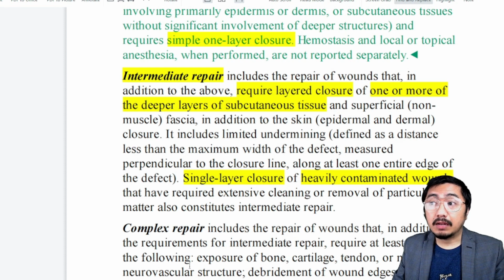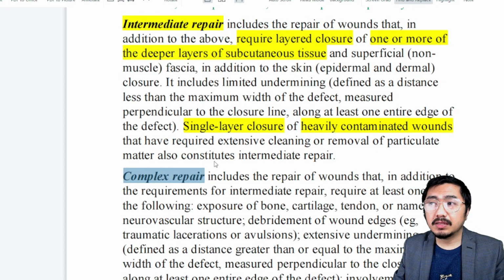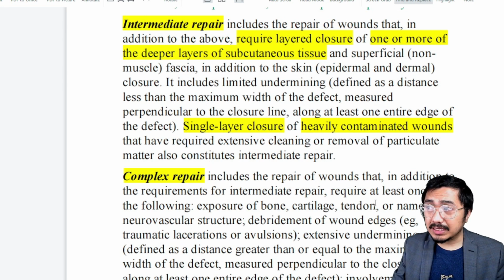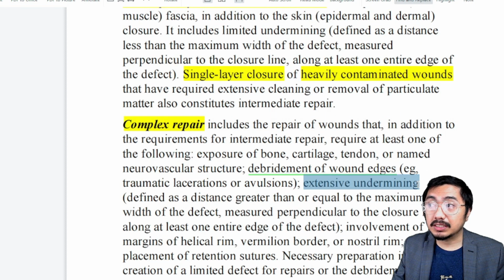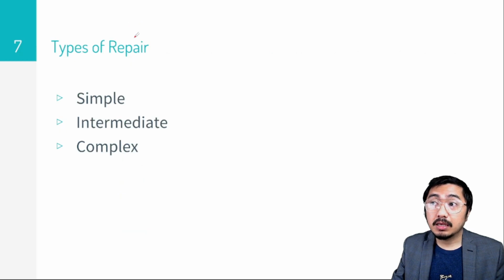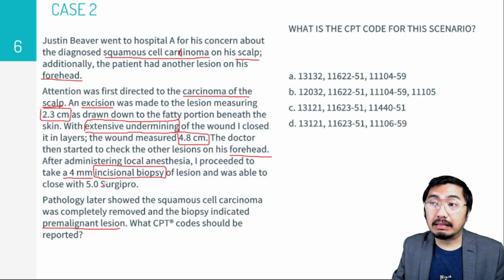For complex repair, either it will be mentioned that a complex repair is done by the doctor, or you can see it in the following terms: exposure of bone, cartilage, tendon, or named neurovascular structure, and debridement of wound edges. Most importantly, extensive undermining. The reason I highlighted this one is that we can find it in the actual scenario.